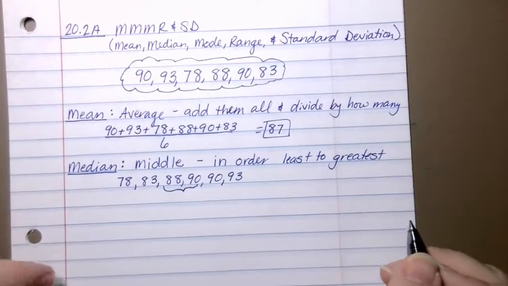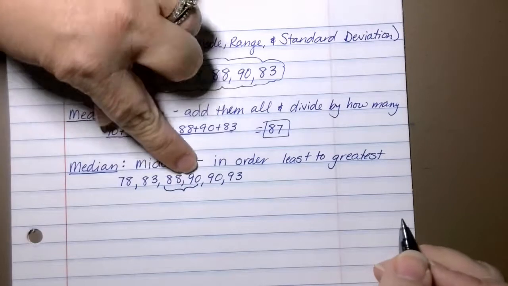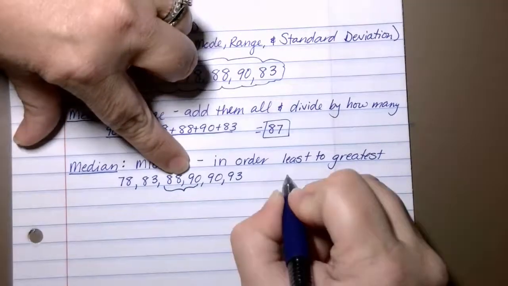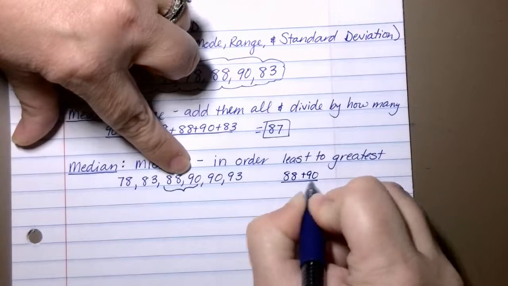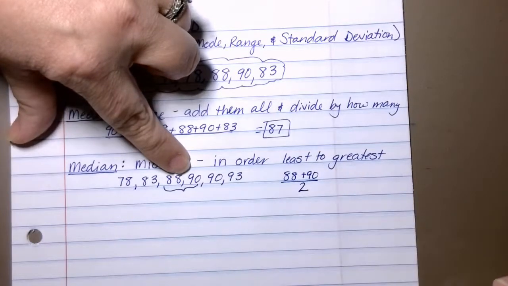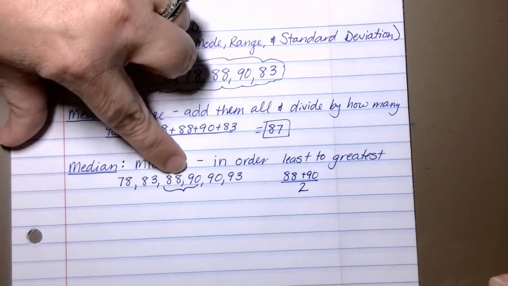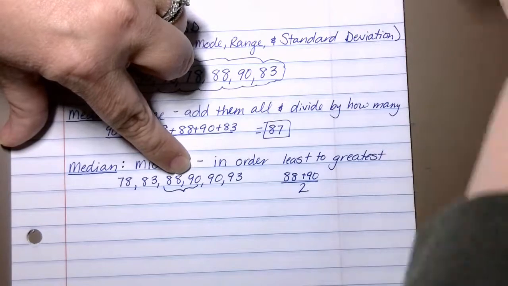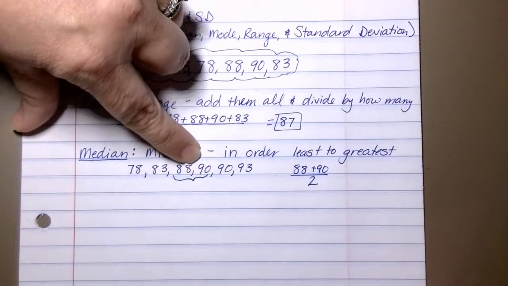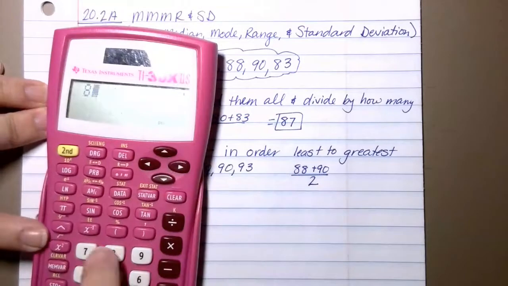Well, you can think of it one of 2 ways. You can either take the average of those 2 numbers, which would be adding them together and dividing by 2, and the result should give you the number that is exactly halfway between those 2. If it's in the middle, it should be halfway between. So halfway between would be 89. Does 88 plus 90 divided by 2 give you 89?